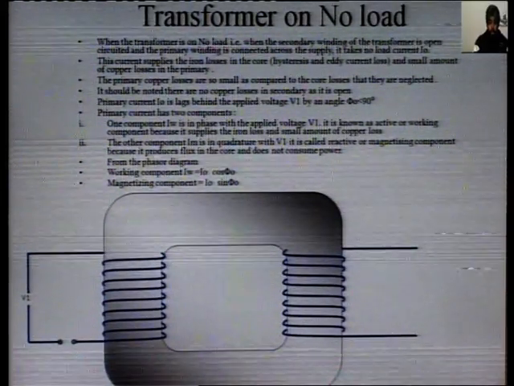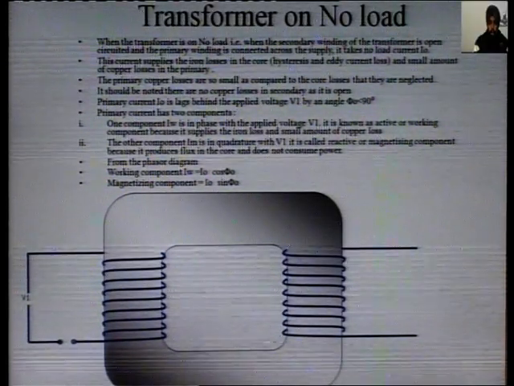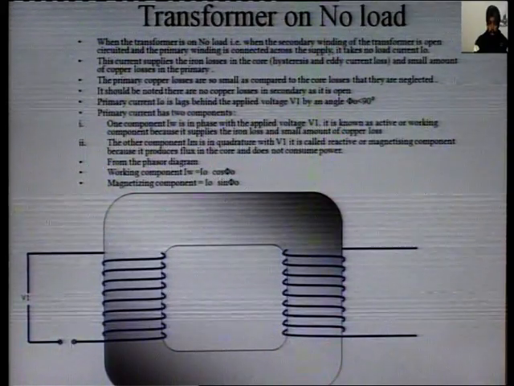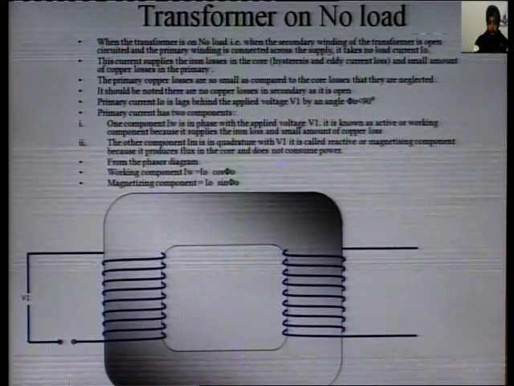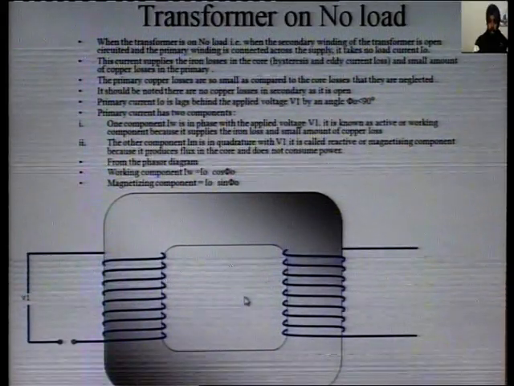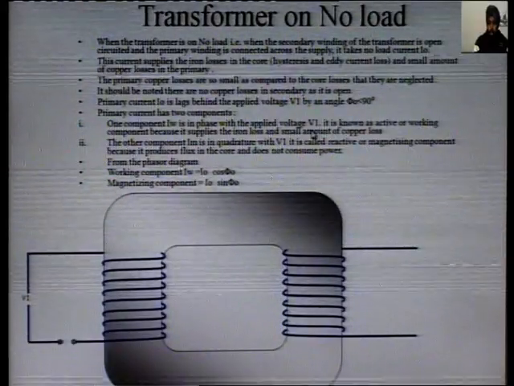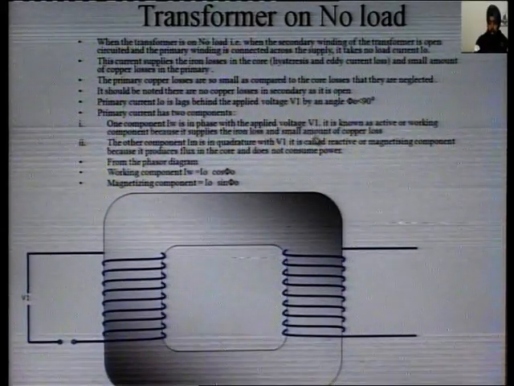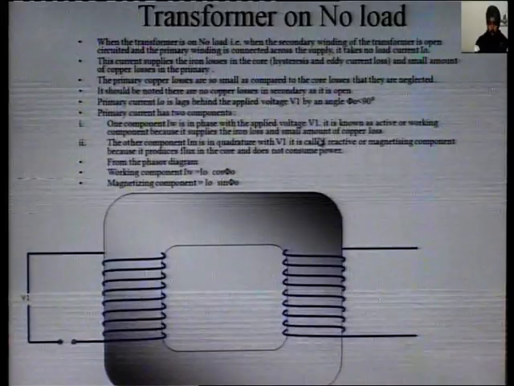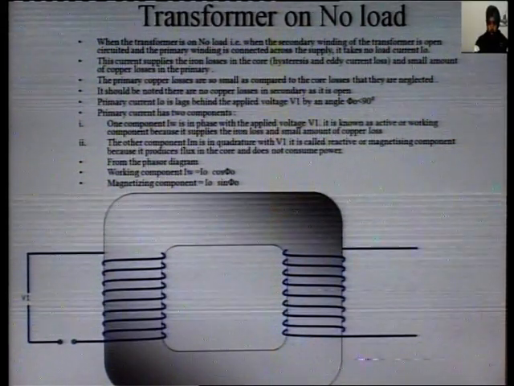Primary current I naught lags behind the voltage V1 by an angle less than 90 degree. Primary current has two components. First component is IW, which is in phase with the applied voltage V1. It is known as active or working component because it supplies the iron loss and small amount of copper loss.